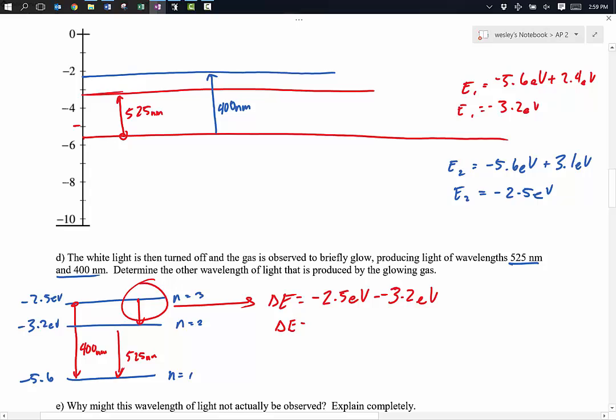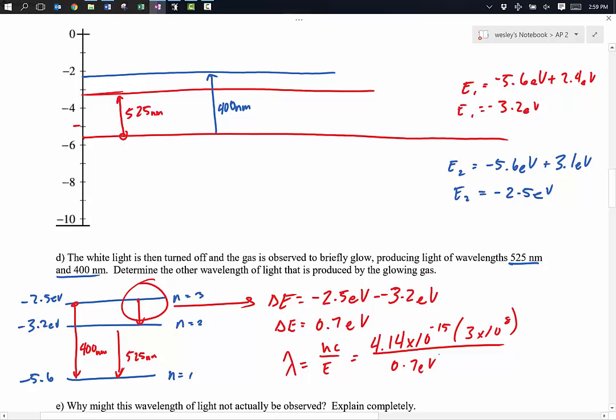My change in energy, when we do that, comes out to be 0.7 electron volts. So the wavelength associated with that, lambda, is hc over my energy. So 4.14 times 10 to the negative 15th times 3 times 10 to the 8th divided by 0.7 electron volts.